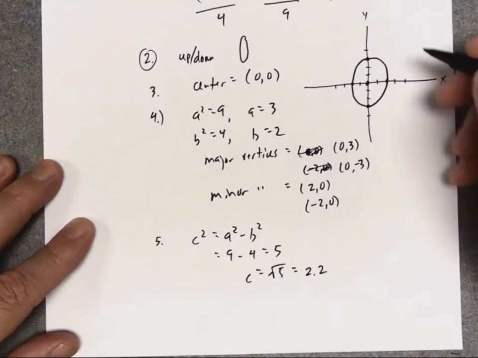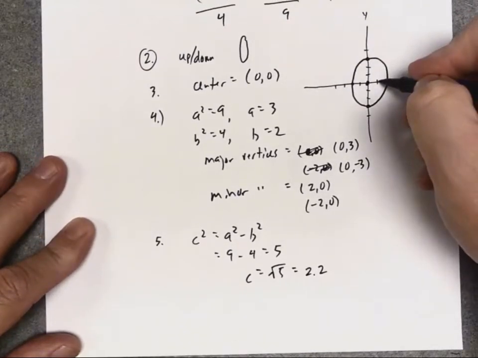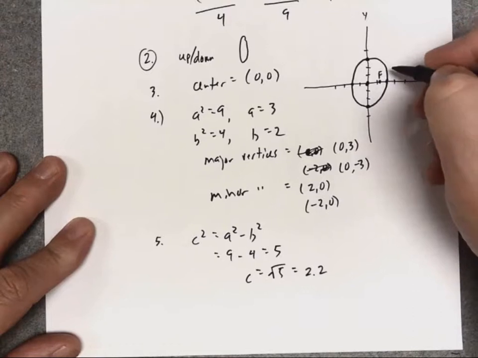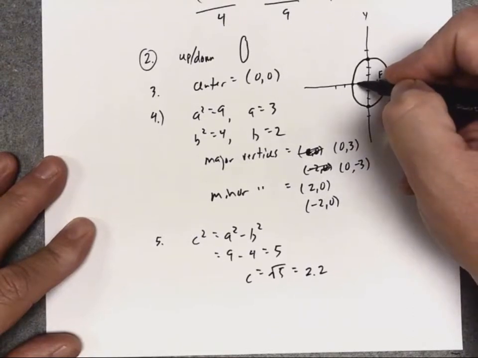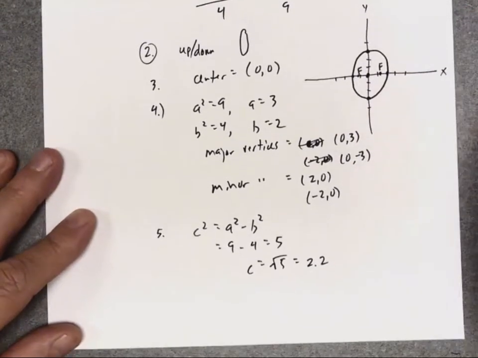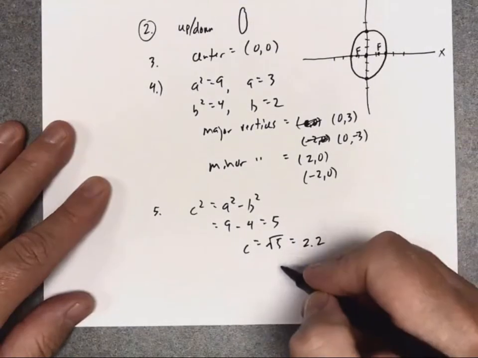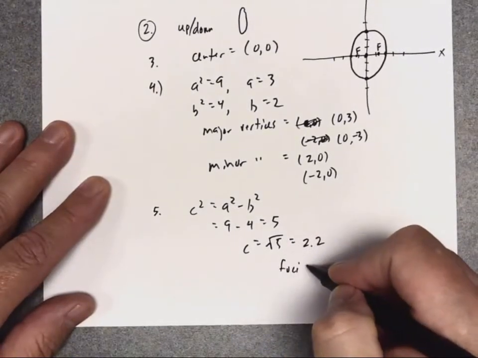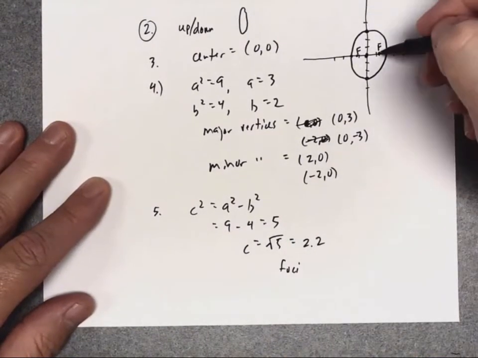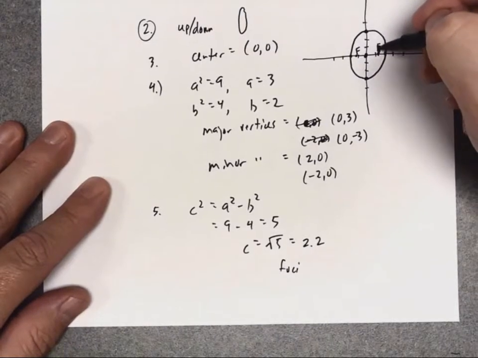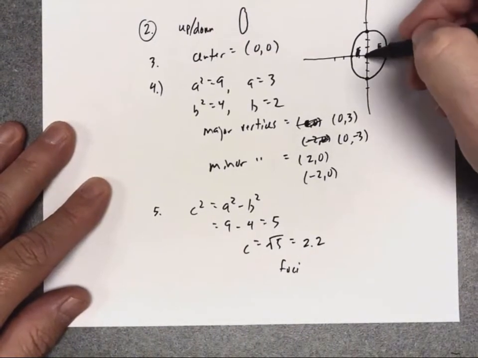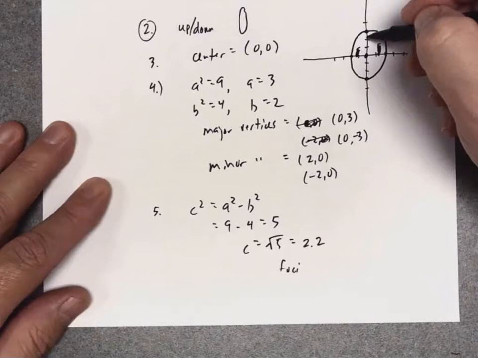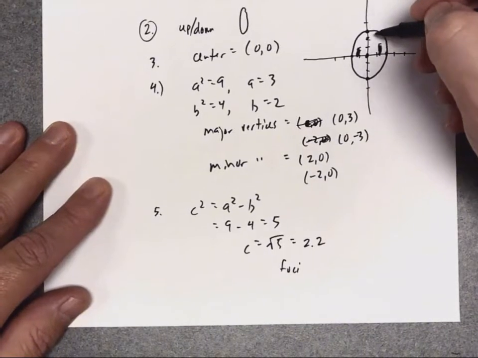So if I try and draw it up here, maybe this will be a focus, and as actual points, wow, I messed up again. You've got to be careful with these. Actually, it's got to be up here along the major axis.